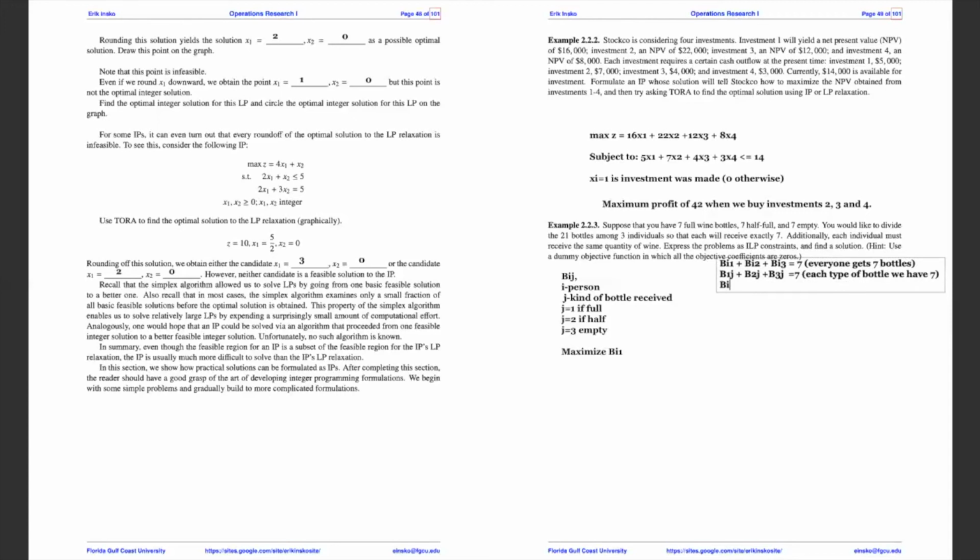And our last equation would be to make sure that each person gets the same amount of wine, which is denoted by: each person gets a full bottle, which would be just Bi1, plus each person gets the liquid in a half bottle, Bi2 times 0.5, and the third term, 0 times Bi3, would mean the person gets a bottle, but it's empty, there is no wine in it, and that must equal 3.5.